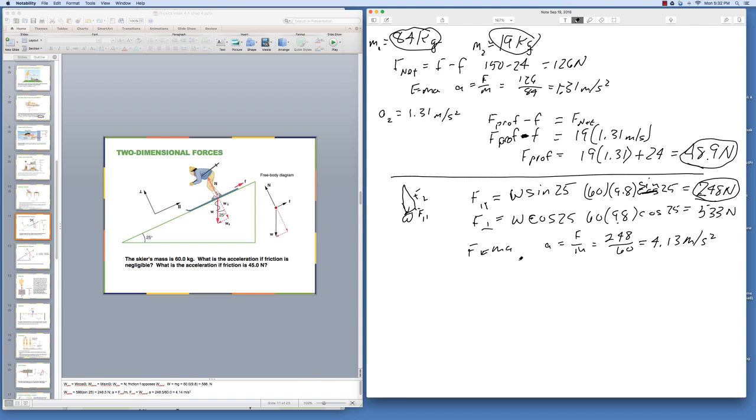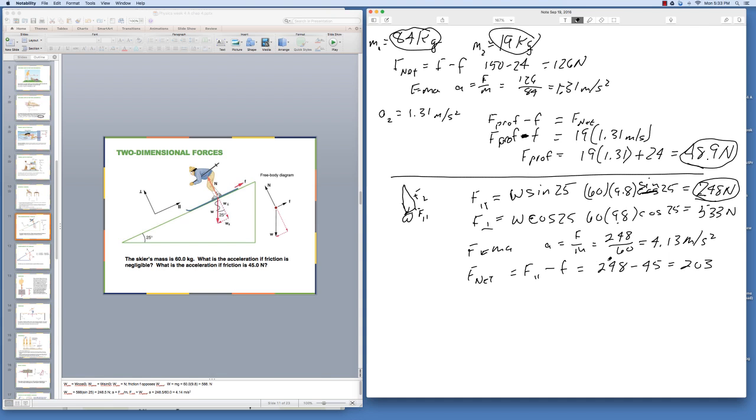Now the only difference if you add friction is that you subtract the friction force from this value. So now F net is going to equal the parallel force minus the friction force, which is 248 minus 45, or 203.